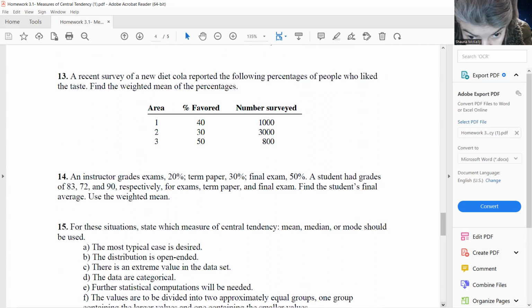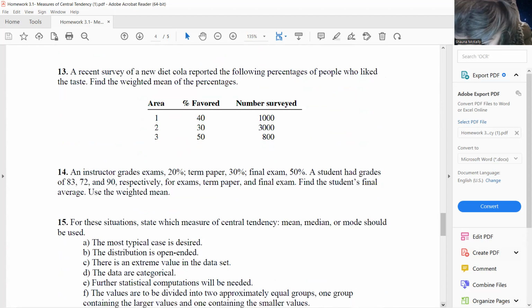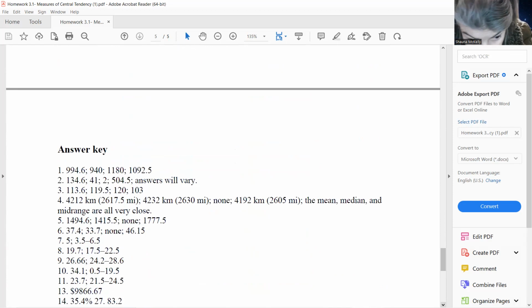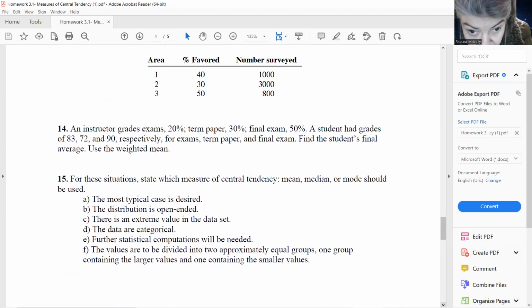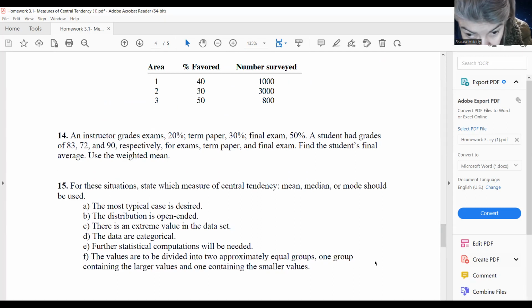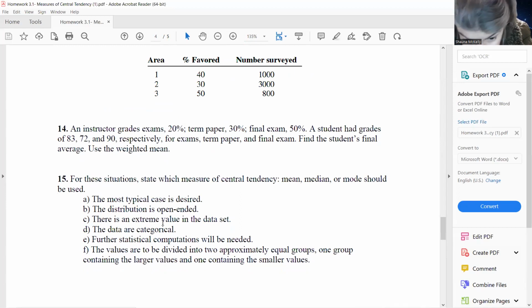They are weighted means, and then 14 and 15, you have a chance. You have another weighted mean on 14, and you have the situation. Number 15 is primarily vocabulary.